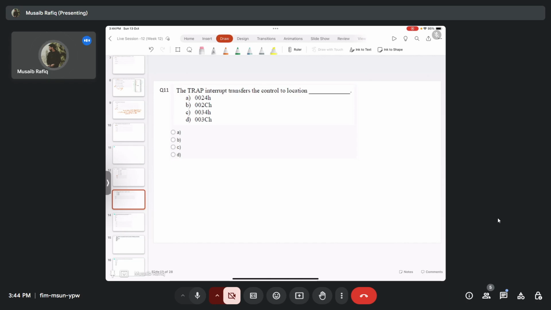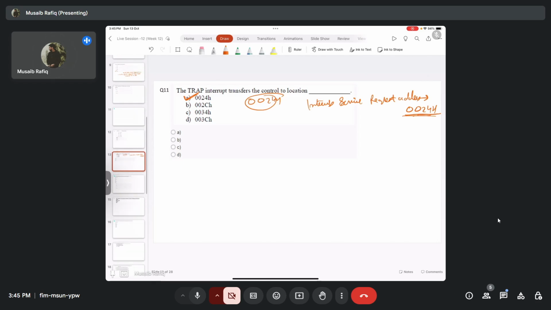So basically, TRAP is an interrupt service routine. So the answer is option A, that is 0024 hex. Why? Because the interrupt service request address is 0024 hex. Discard my earlier statements that were pertaining to some other question. So the interrupt service request address is 0024 hex, and the correct answer to this is option A.